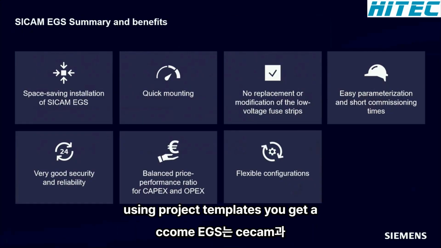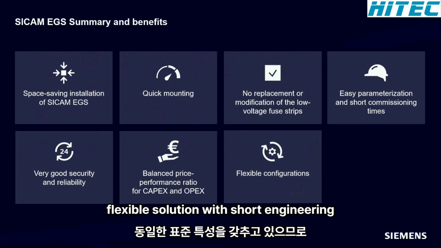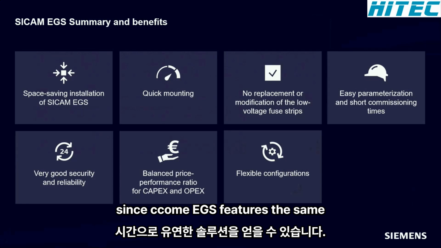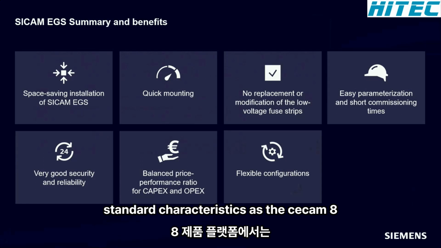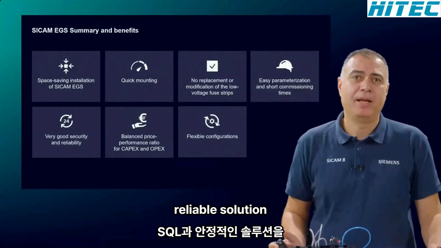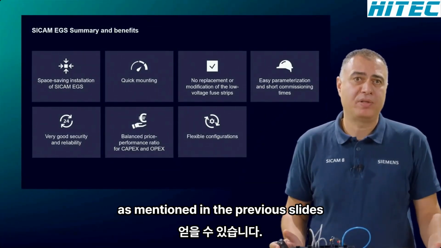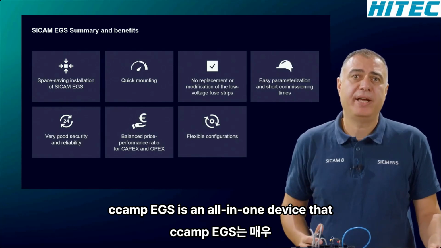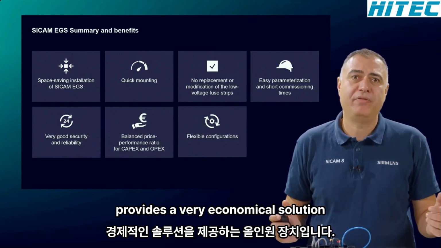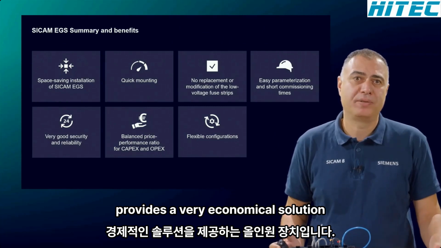Using project templates, you get a flexible solution with short engineering and commissioning time. Since SICAM EGS features the same standard characteristics as the SICAM8 product platform, you get a secure and reliable solution. As mentioned in the previous slides, SICAM EGS is an all-in-one device that provides a very economical solution.